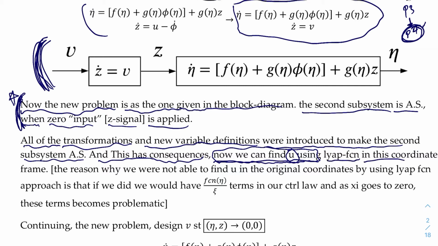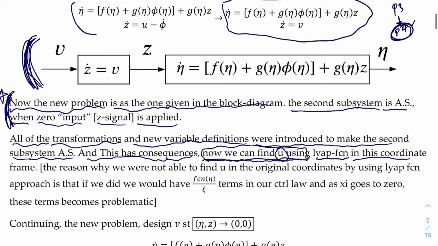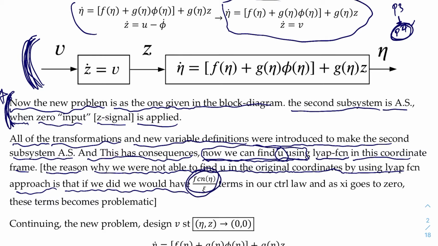We find the control Lyapunov function in this coordinate frame. And the reason why we were not able to find u in the original coordinates by using the Lyapunov function approach is that if we did, we would have those types of terms in our control law.